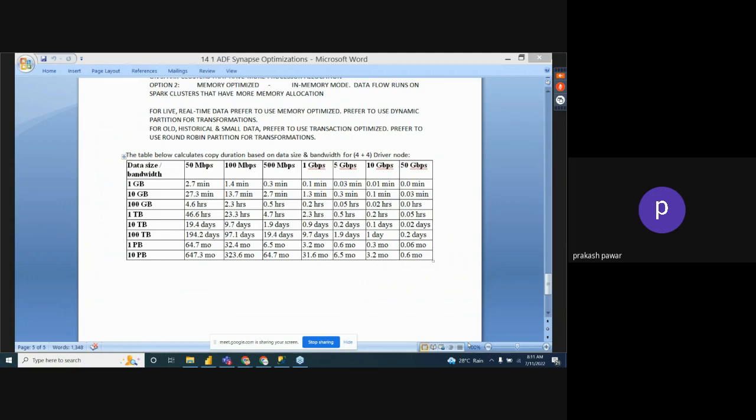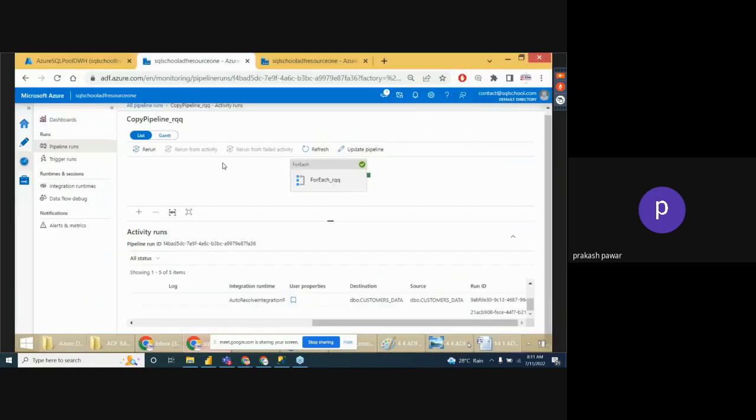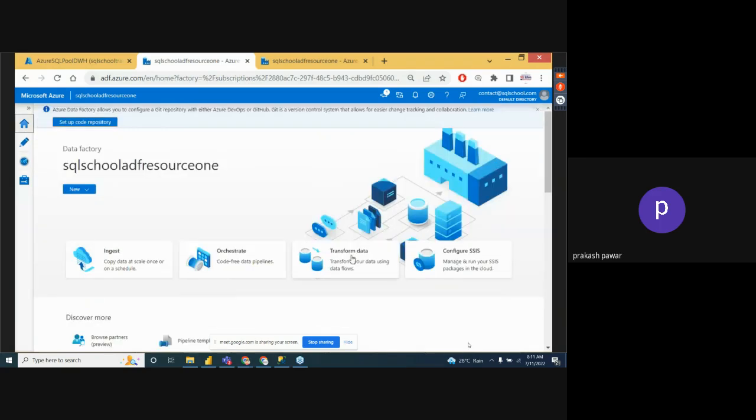In ADF we are going to understand optimizations. There comes the concept of partitions. It's not possible in the copy data tool. I said it's limited, like import export. It's possible only through the other option called data flow. Here, in transformations, we can do partitions, distributions, everything.